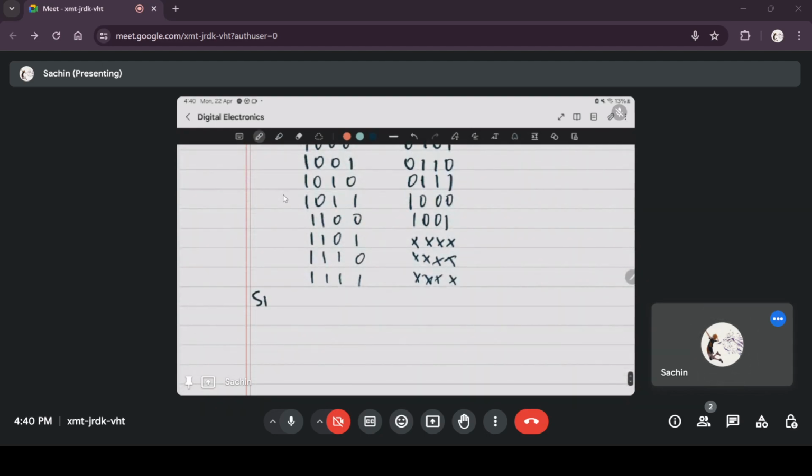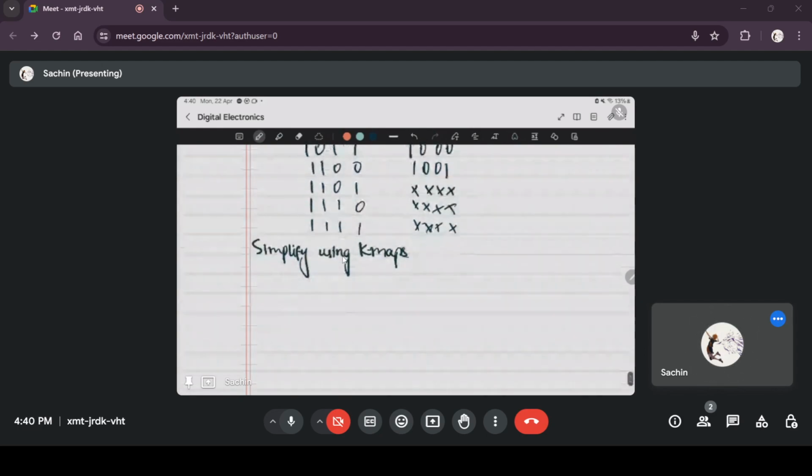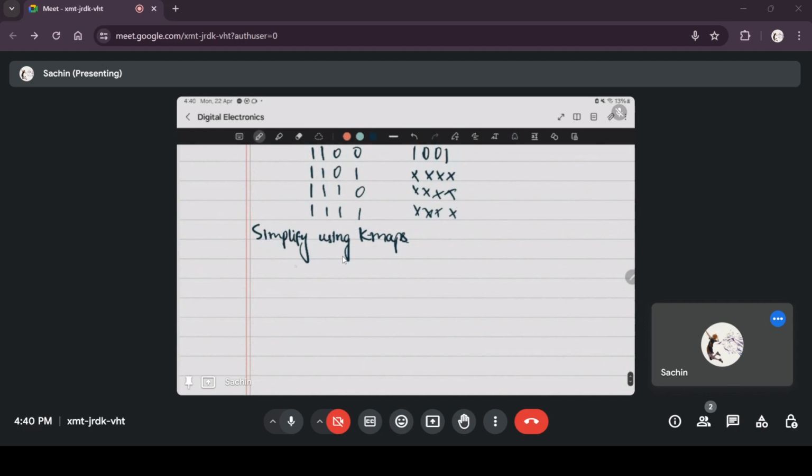So using the above truth table we can simplify using K maps. A is summation of 11, 12. B is summation of 7, 8, 9, 10.